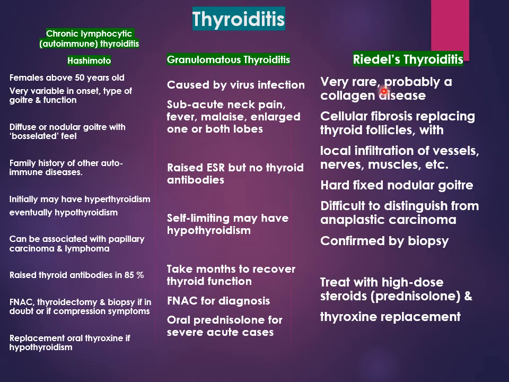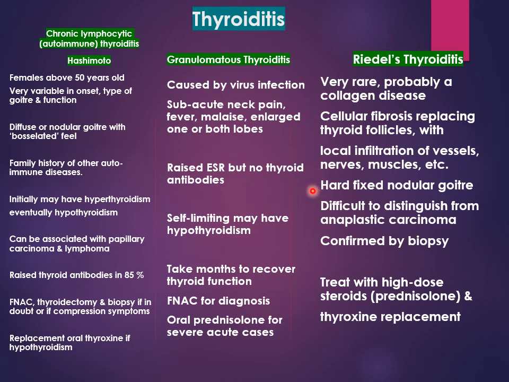The third group of disease is Riedel's thyroiditis. It's a very rare condition and is probably a collagen disease. There is infiltration of fibrous tissue replacing the thyroid follicles with local infiltration of vessels, nerves and muscles, etc. So that means this fibrous tissue or connective tissue replaces the normal thyroid tissue.